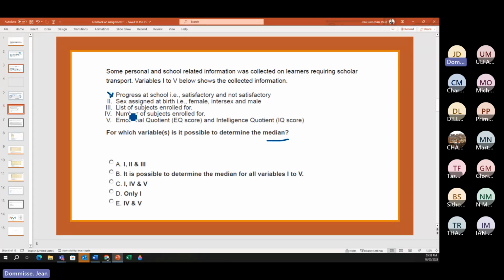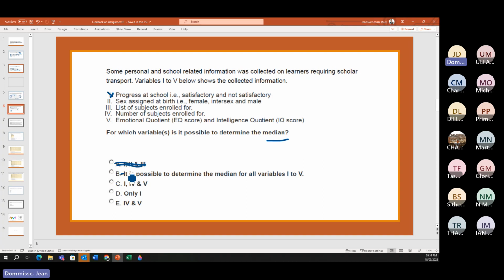Before I go to the next, I look at which option. There's a 1 in it. So if I need to guess, I'm not going to guess option 1. Then I look at the option saying it is possible to determine the median for all variables.